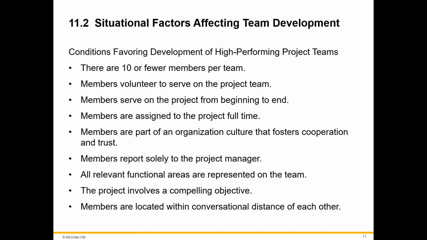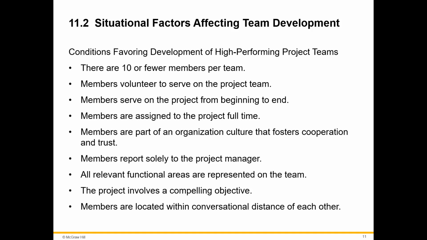And what we are going to be doing right now is trying to understand a little bit more on how the teams are formed. Nonetheless, members are definitely part of your company, and members are part of your overall organization. Much of the organizational culture should be fostered around good cooperation and good trust altogether.